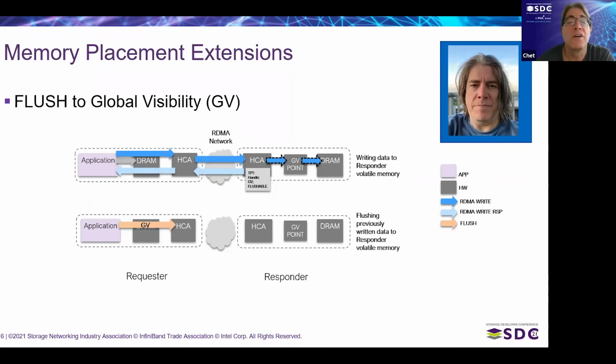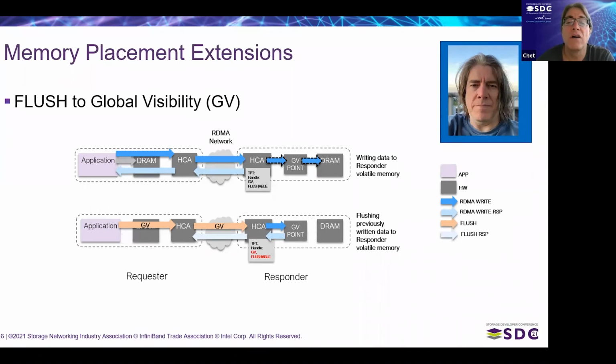In this example, the flush has the global visibility bit set, basically saying, hey, I'm trying to flush this to global visibility, right? The HCA looks it up, says, oh, this is a flushable region, they're flushing to global visibility, I'll accept the flush. That forces any writes in the pipeline into the global visibility point. And then once that completes, you get the completion back.